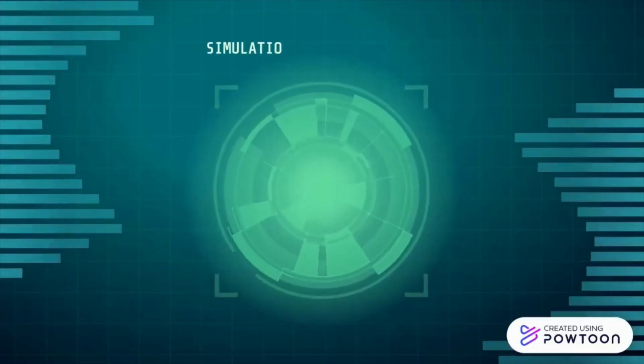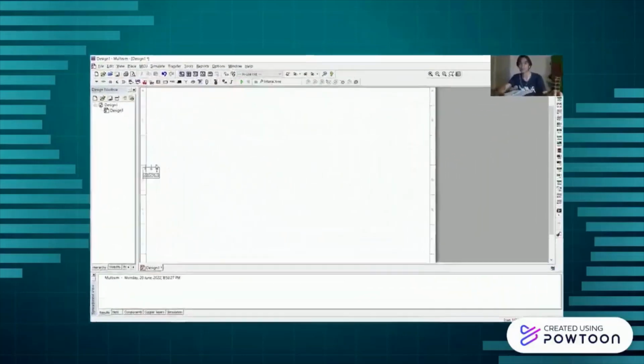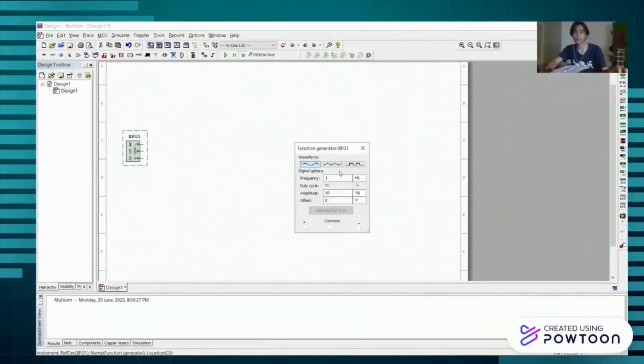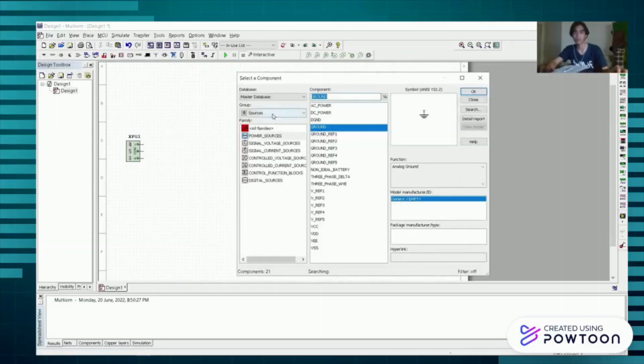Use function generator. Set function generator waveform to square wave. The question gives input voltage as 8V peak to peak. 8V peak to peak must be converted to V peak, which is 8 divided by 2 is equal to 4. Then set the amplitude to 4V peak and 50 Hz for the frequency.